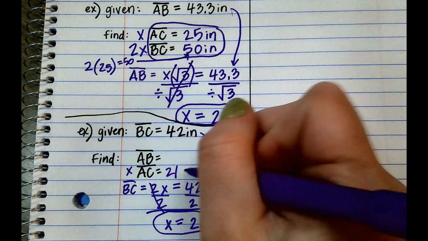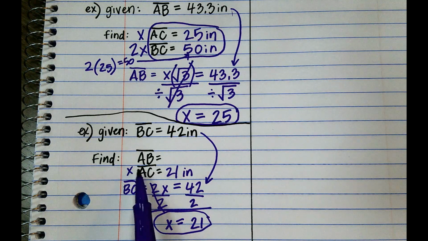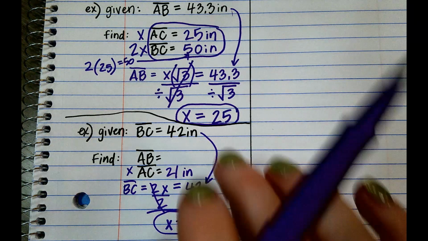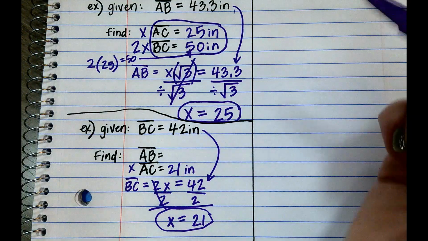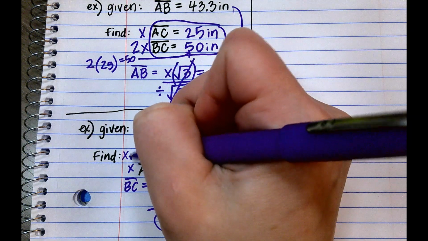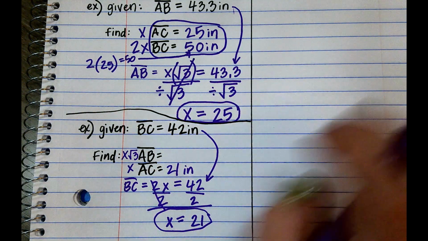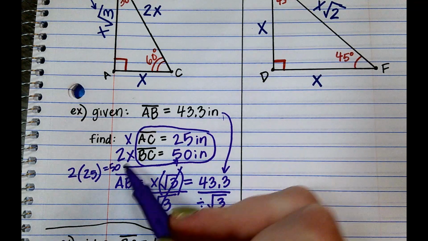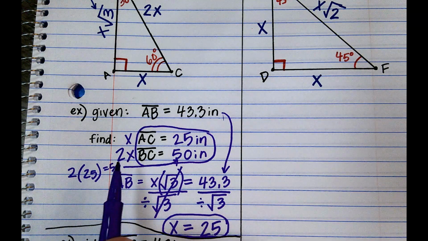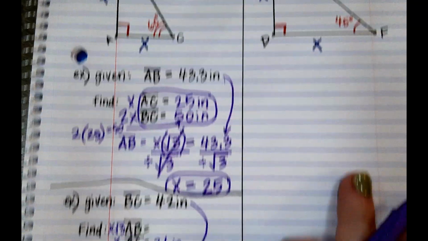So I have AC, 21 inches. Now, I know that x is 21. What is AB labeled as on your picture? x square root of 3. Yes. Just like on the first example, when I wanted to find 2x, I just plugged in 25 for x.